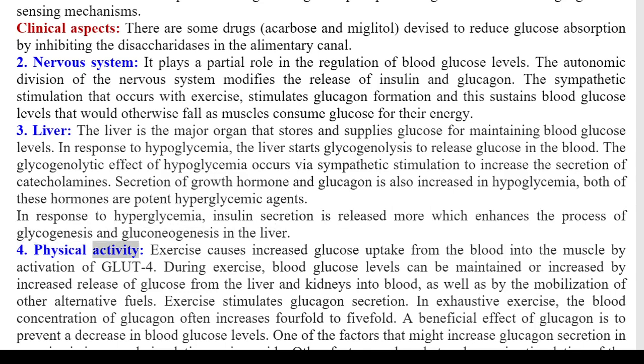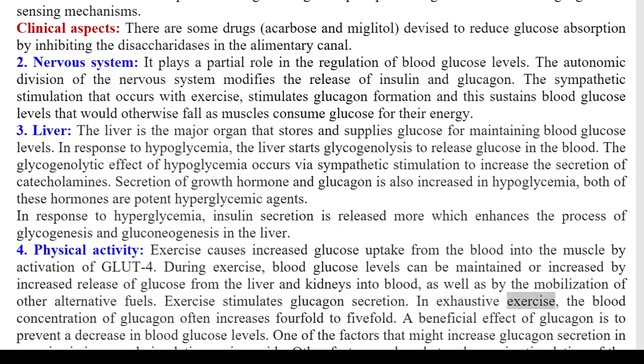4. Physical activity. Exercise causes increased glucose uptake from the blood into the muscle by activation of GLUT4. During exercise, blood glucose levels can be maintained or increased by increased release of glucose from the liver and kidneys into blood, as well as by the mobilization of other alternative fuels. Exercise stimulates glucagon secretion.